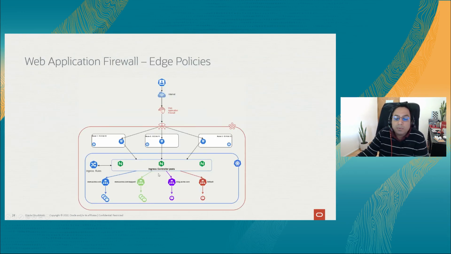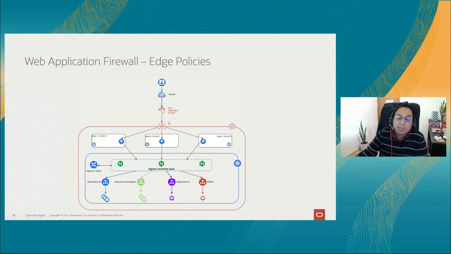Once you have deployed your ingress controller, you are able to secure it using the OCI web application firewall. So there are two use cases. One is you can secure it at the edge.